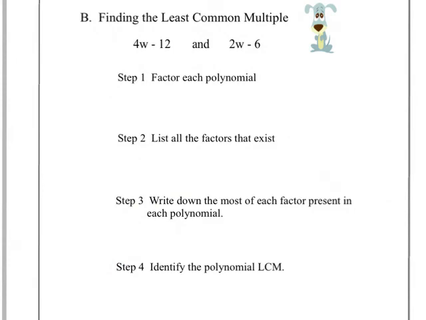For the next part of the lesson, I'm going to teach you how to find the least common multiple between two binomials. Okay, so start here, step number 1, factor each of the polynomials.